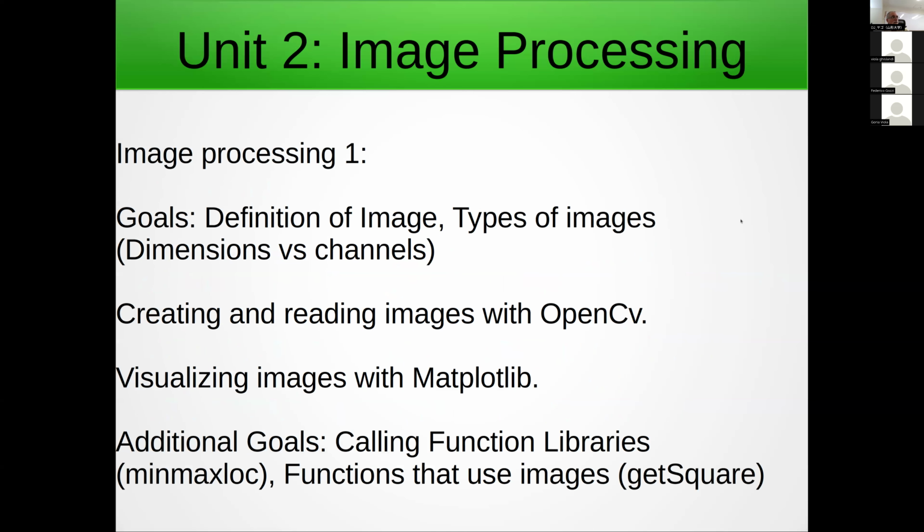For the first goal, the first session, basically I want to tell you about what images are in computer vision. So we will see how images are basically matrices of pixels. And I don't know if you're very current on your matrices, but if you're not, we will see also a little bit about matrices.